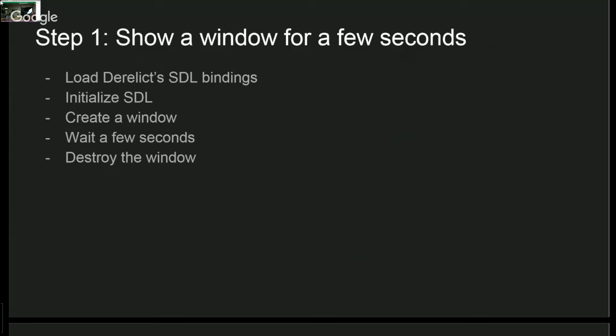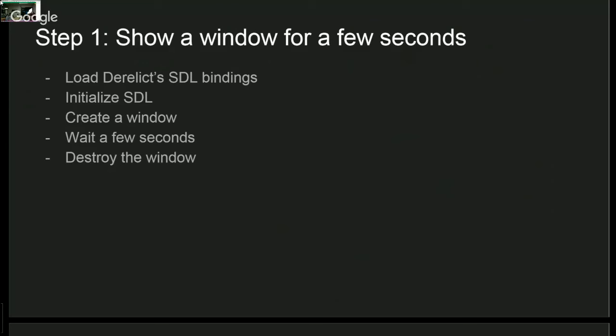Right. So, the first thing we want to do to start getting into this is create a window and display it for a few seconds. It can be done in a few simple steps. First, we need to load Derelict's SDL bindings. We need to initialize SDL.